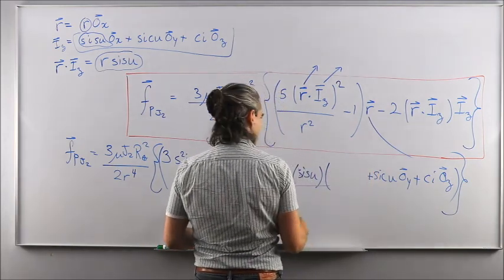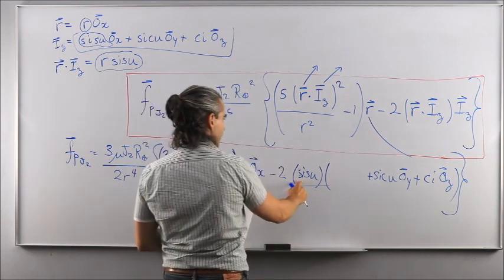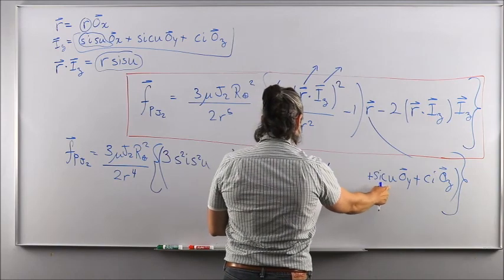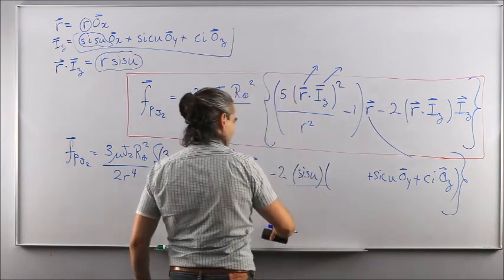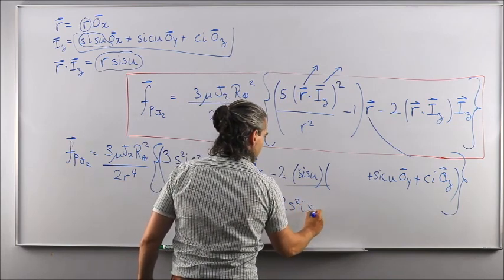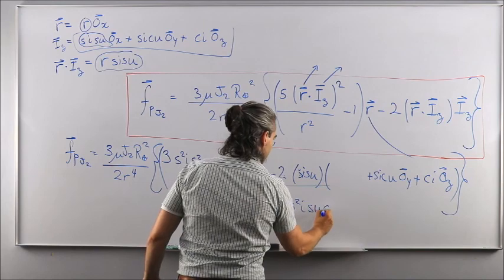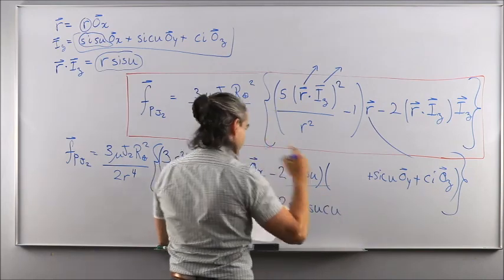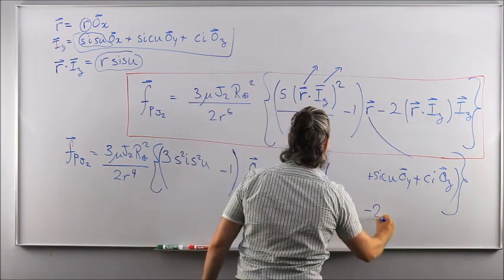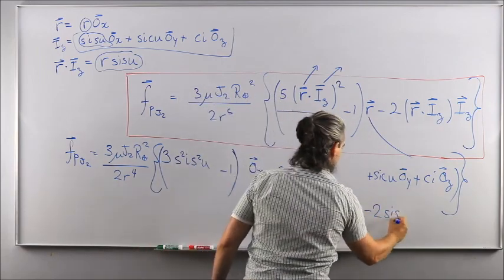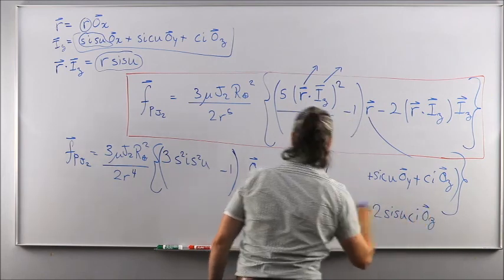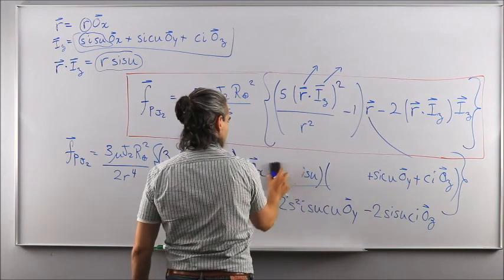And I am left with 2 sine I sine U, sine I cos U OY. So 2 sine I squared sine U cos U along OY, and minus 2 sine I sine U cos I along OZ. Okay, so let me just rewrite it on top here.